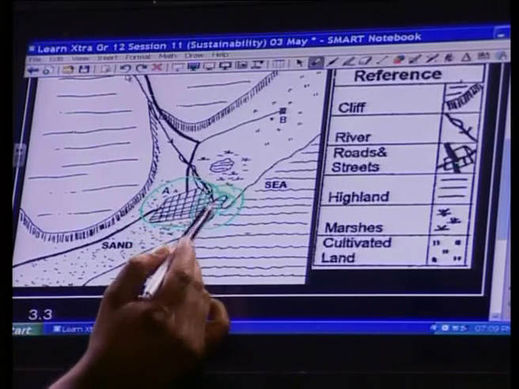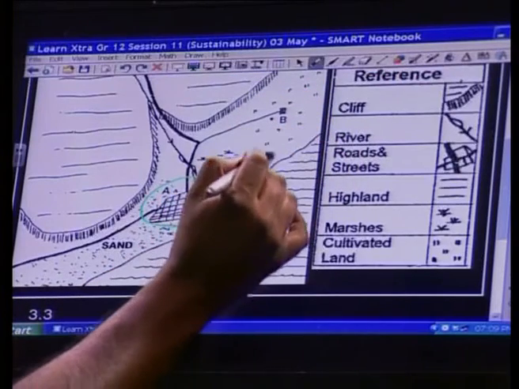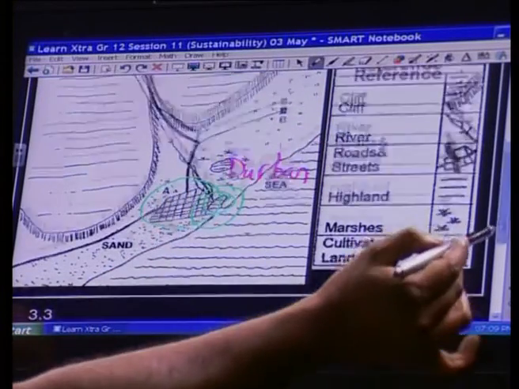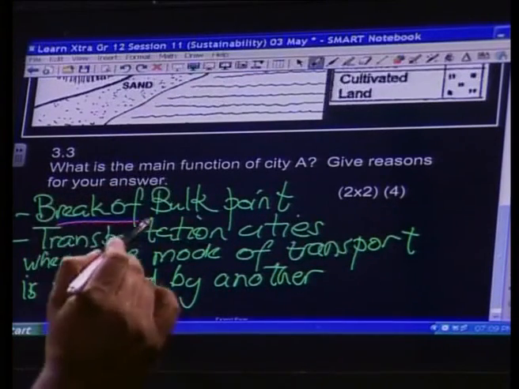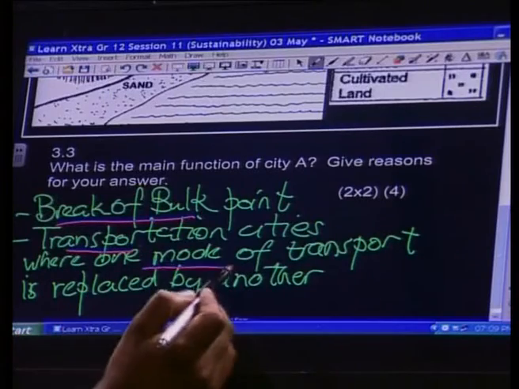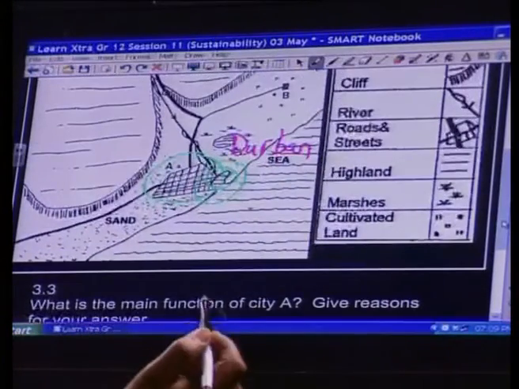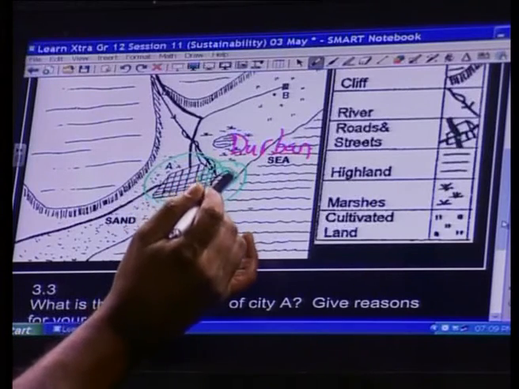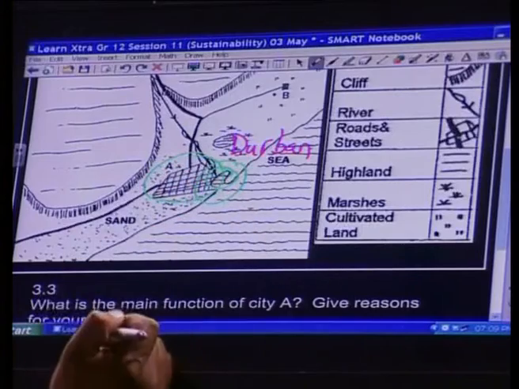This would possibly be a city like Durban, which serves as a break of bulk point. What is the main function of City A? It serves as a break of bulk point, as it is a transportation city when one mode of transport is replaced by another. As goods are imported and exported into and out of the country, these cities develop to provide services needed to support its function.